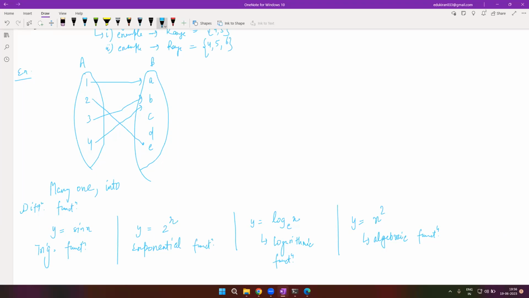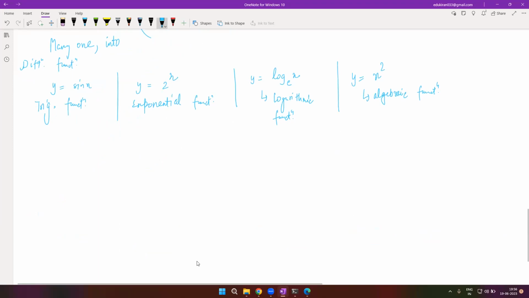We don't need to know how we are finding the domain, but we certainly need to check whether a given equation is for one function or many one function. And similarly for onto function or into functions, right? So in the next class, we'll be discussing how to find out whether a given function is one or many one. Okay.